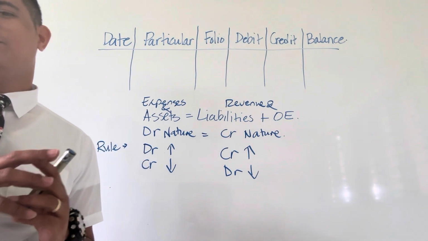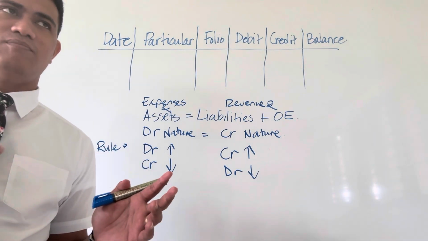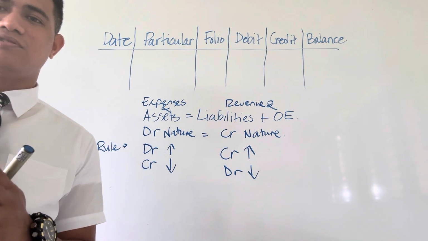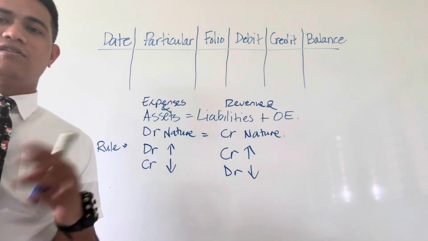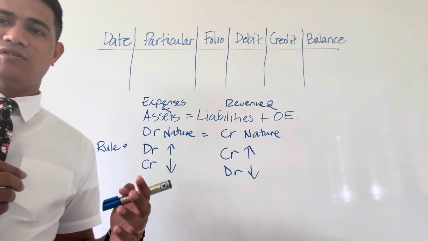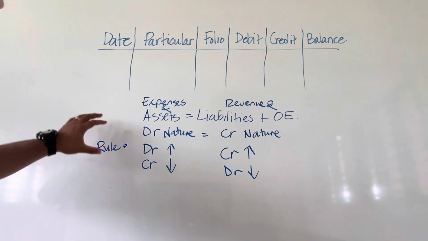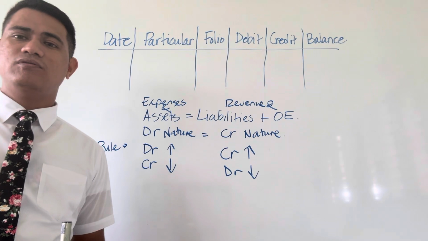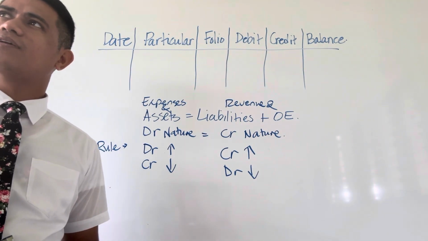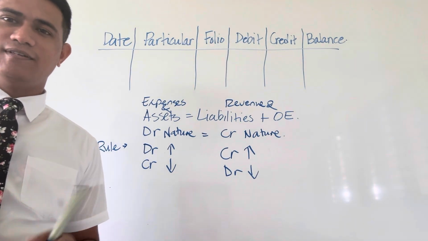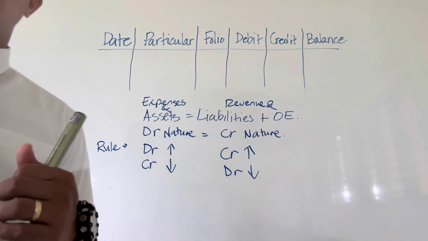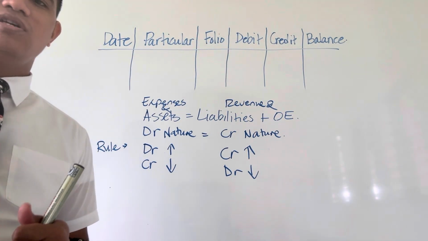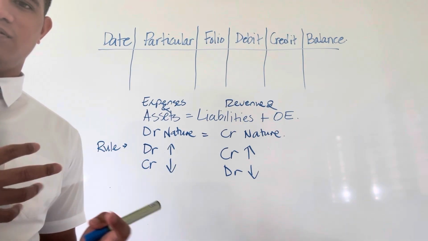There should be a debit and a credit entry for every transaction. This is the double entry concept: there should always be a debit entry and a credit entry for every transaction.